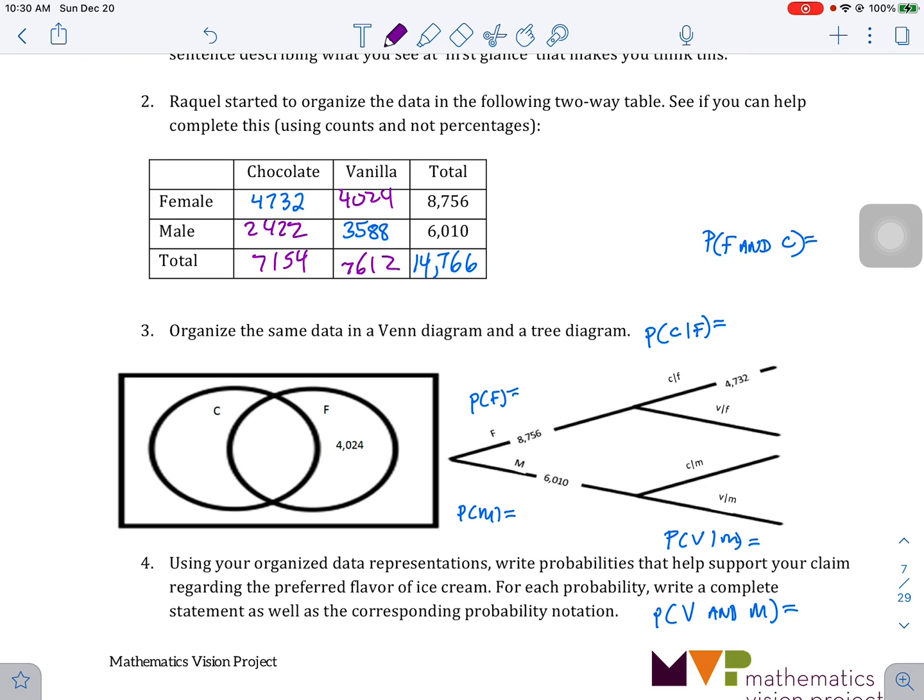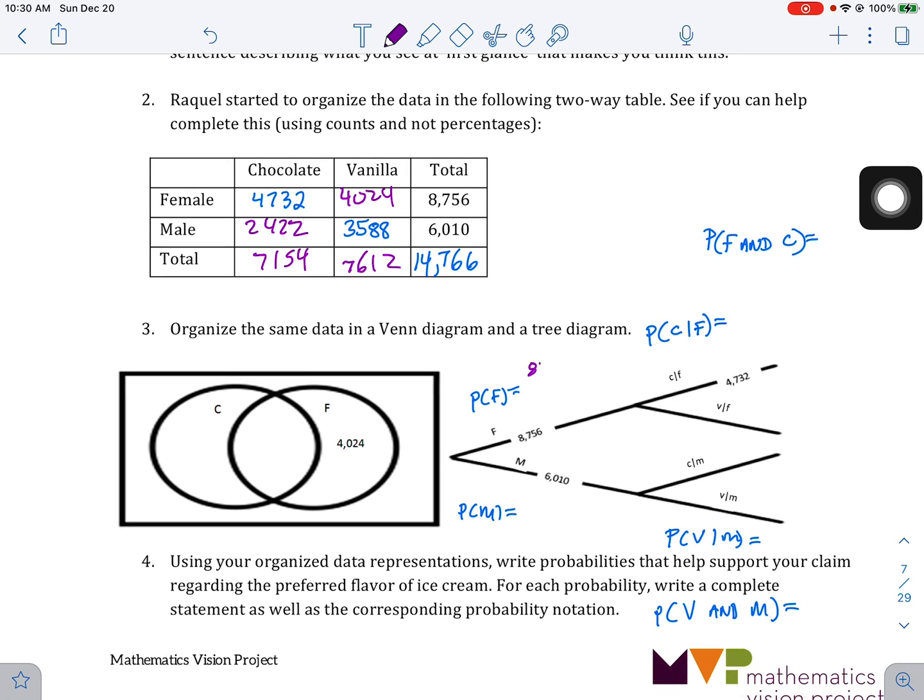So the probability of female, assuming binary gender, is the number of female divided by the total. And I can see the number of female here is 8756. And the total is 14766.